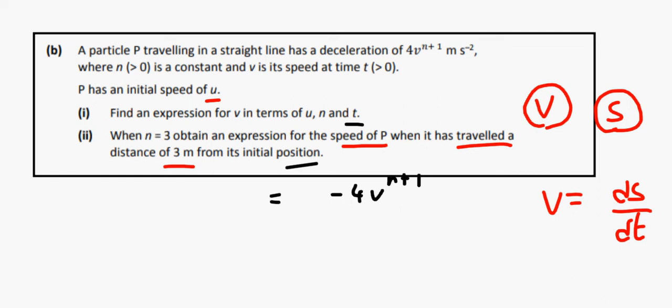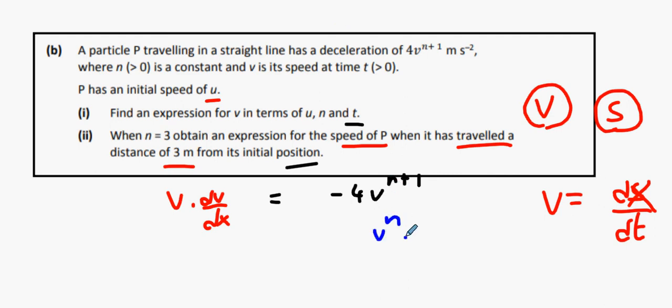So s can also be written as x, can't it? Same thing. So phi times the v dx. Okay, and we're going to maneuver this around again. So what happens if I cancel v off both sides? What's phi to the power of n plus 1?